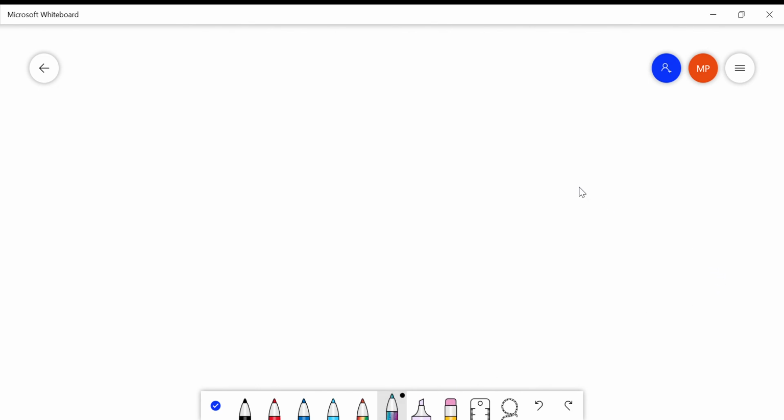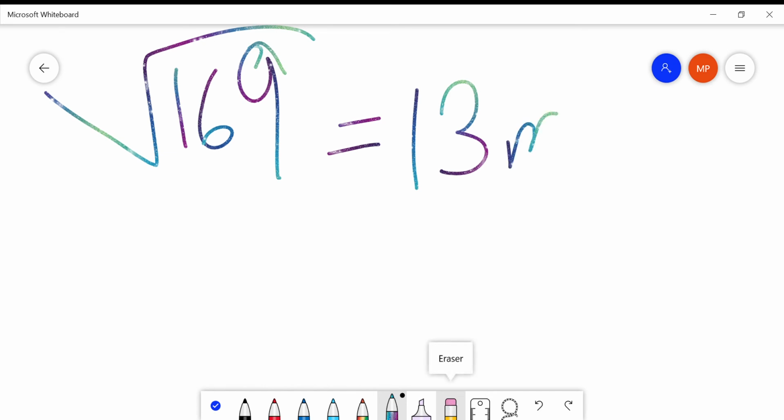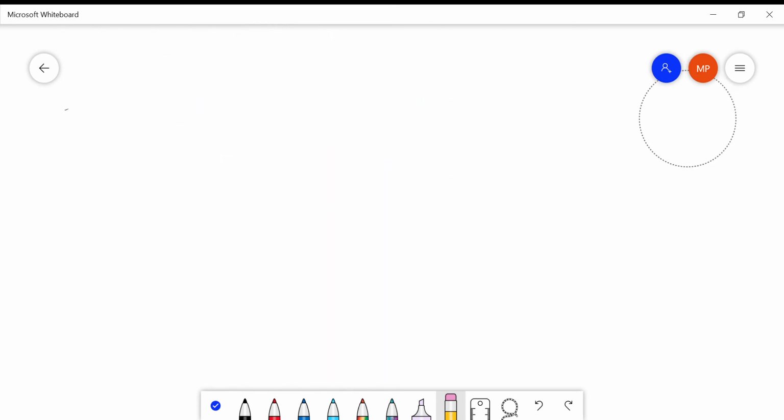The link will be in the description box below, and also if you look at the top corner, you will see the link. The square root of 169 is 13. Don't worry guys, I'm teaching you how to do this in the next video, or maybe I'll upload it before this video, not sure.